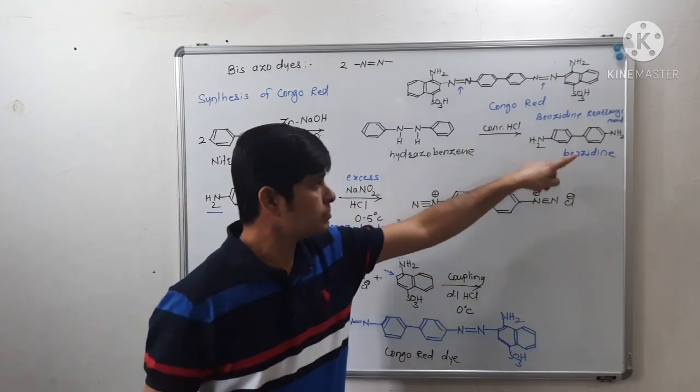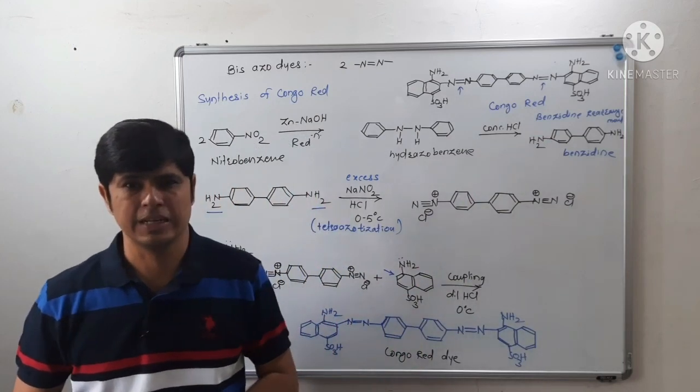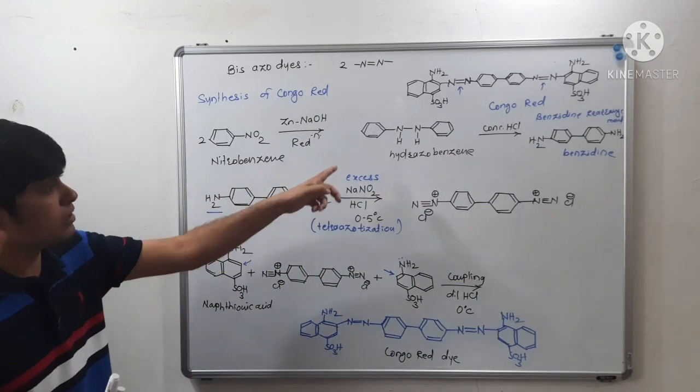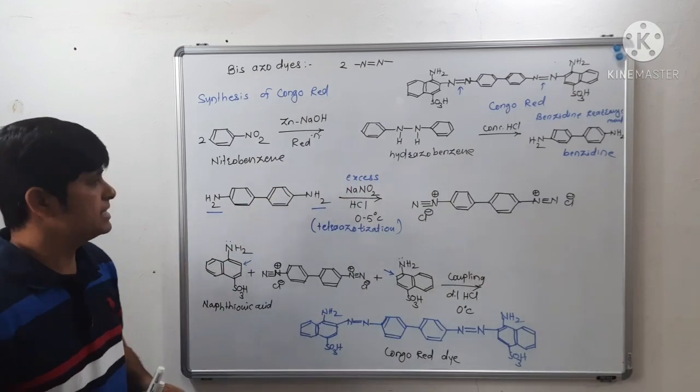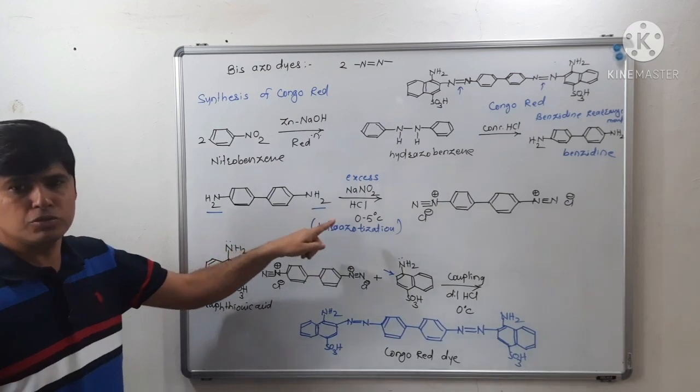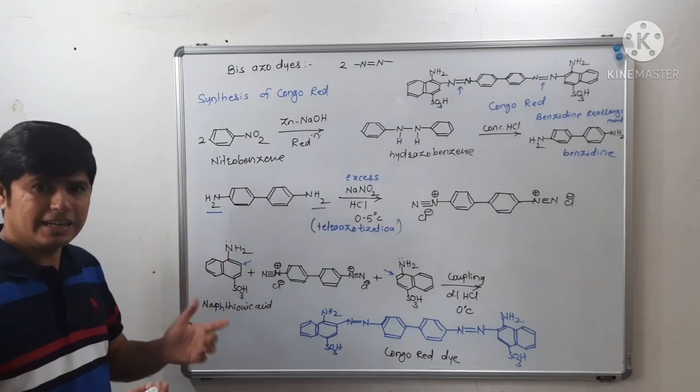So we will get benzidine, by conversion of hydrazobenzene to benzidine. Now benzidine in the next step is reacted with sodium nitrite and hydrochloric acid in excess amount.